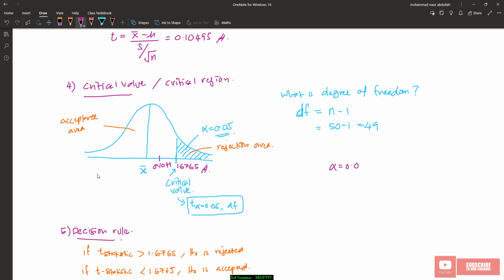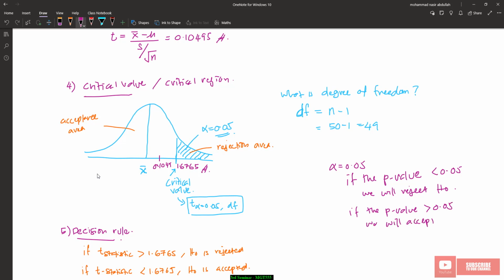If the p-value is less than 0.05, we will reject the null hypothesis. This is the decision rule if we use p-value. If the p-value is more than 0.05, we will accept the null hypothesis. So this is the rule.